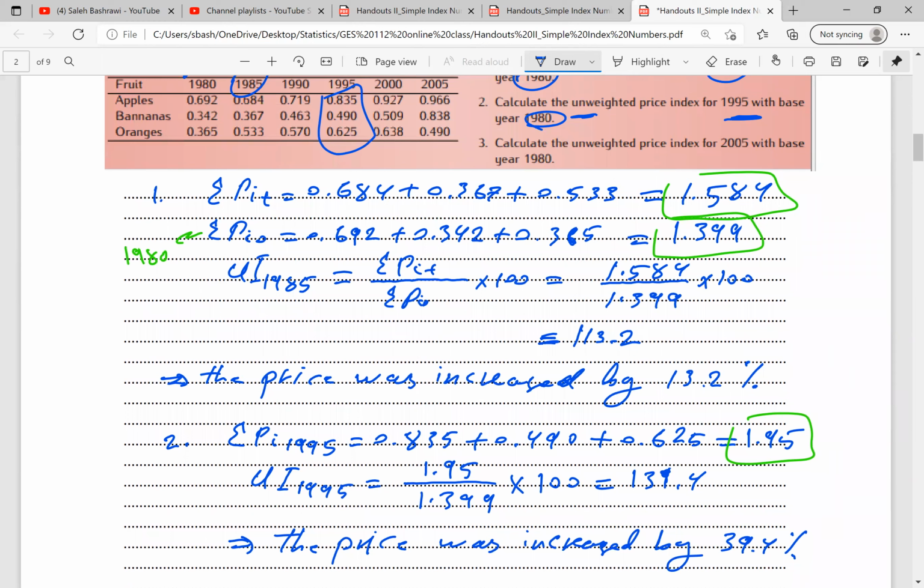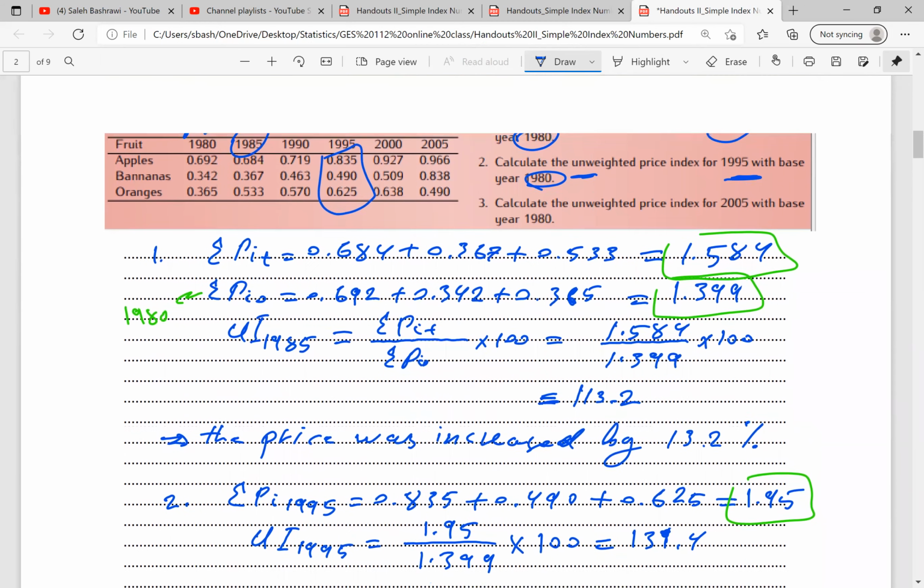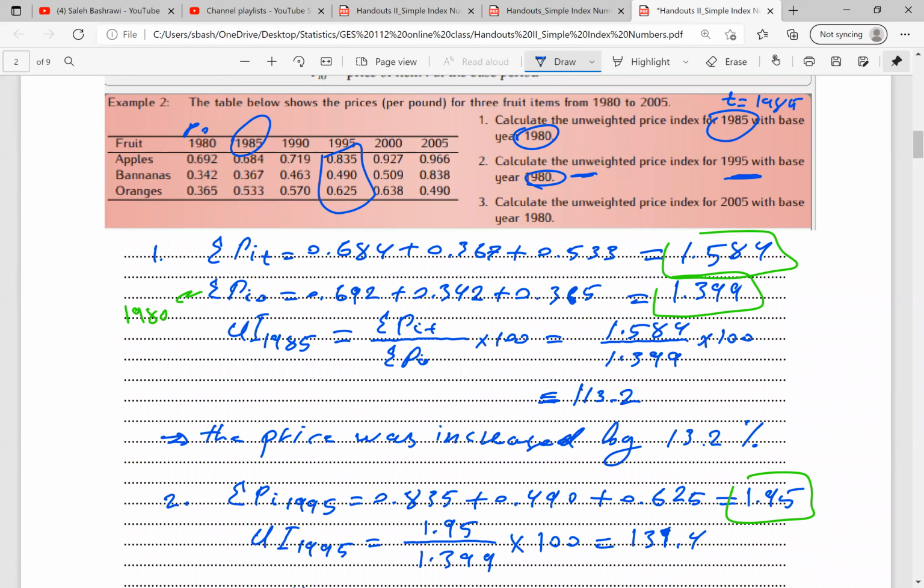For the last one, we need to calculate the aggregate price index for 2005 with base year 1980. So this time we are finding the price for 2005. Let's find the sum for this one: 0.966 plus 0.838 plus 0.490.